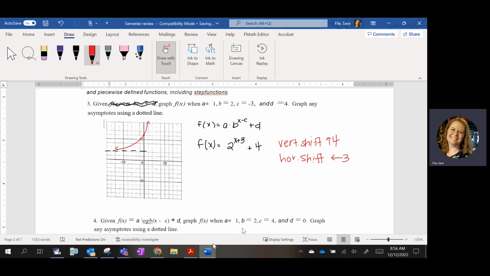So that point that on the parent function normally crossed the y-axis, your y-intercept, if it was 2 to the power of x, would have normally been at 2. It has shifted up 4 and left 3. So it ended up right there. So that's the point that was normally the y-intercept. It's shifted up and over.